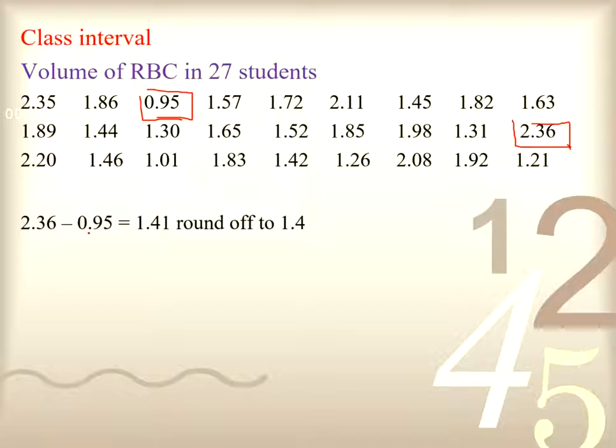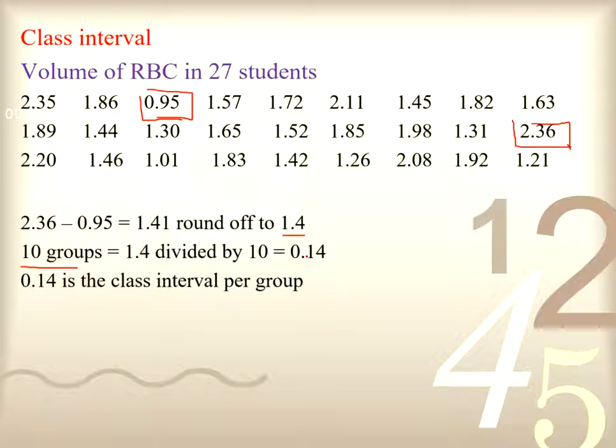Pagmamainasin natin. So, sagot is 1.41. Round off natin. So, 1.4. Depende kung anong sabihin, pero usually, 1 decimal place na lang yung ating gagamitin. Sabihin naman sa instructions kung ilan yung kailangan decimal places. So, for example, 10 groups yung kailangan natin. 1.4 divided by 10 equals 0.14. So, ito na yung ating class interval per group.